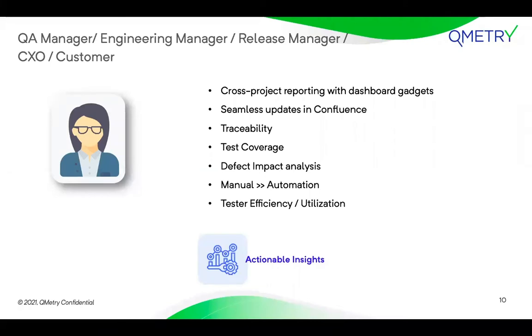So you have the flexibility to change the layout or the framework of the report and have a mind map, as I mentioned earlier, to pan out and see the overall scope of testing and the traceability from that perspective. And again, test coverage is very vital for any QA manager or release manager, to see the health of the sprint or the release component from the overall perspective while they're looking at the go-to-market approach.